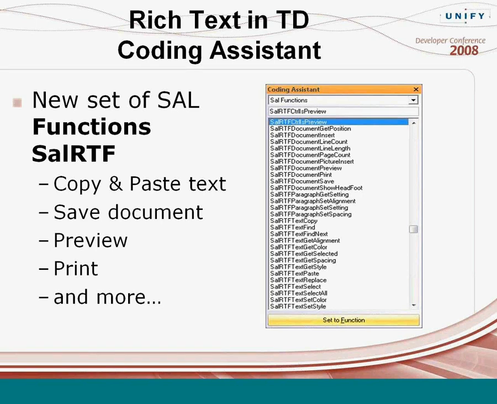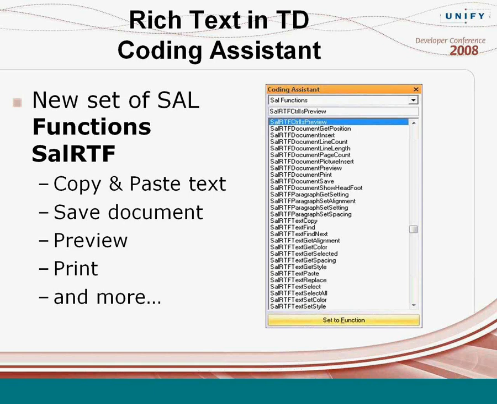Another area in Team Developer where you can integrate rich text is the coding assistant. The coding assistant now lists the new set of SAL functions, and they all begin with SalRTF. Those functions are there for you to dynamically change your rich text, to programmatically change properties and features, copy and paste text, save your document, preview, print, and many more.